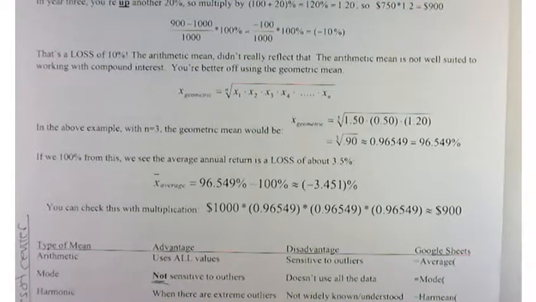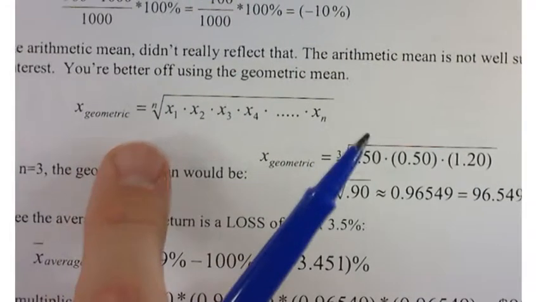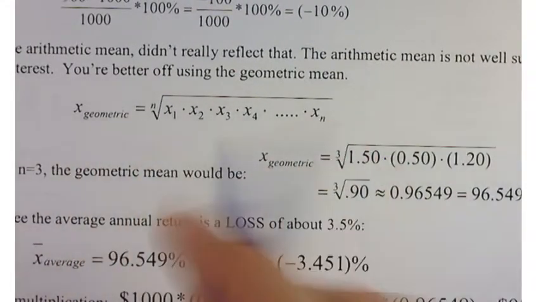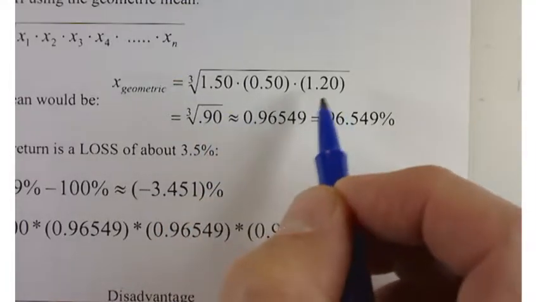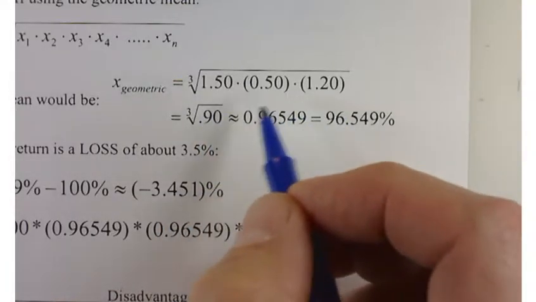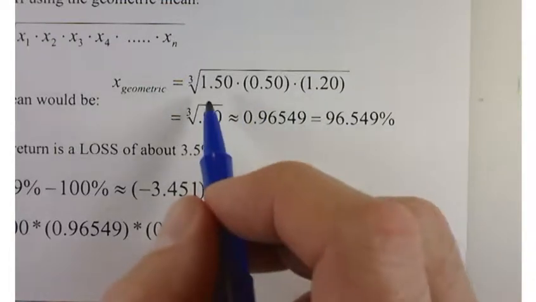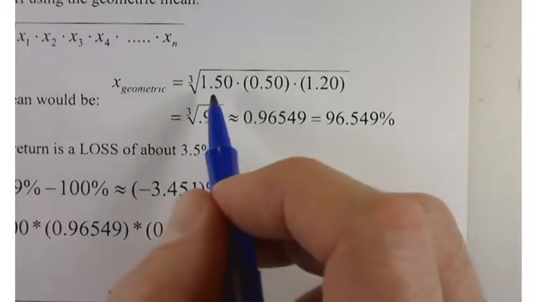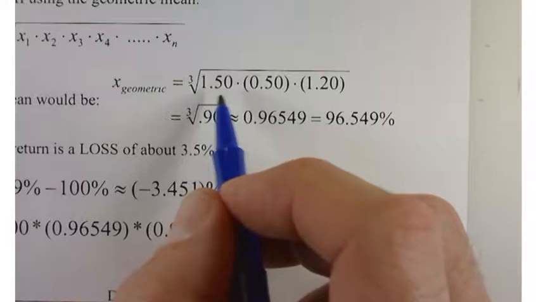So here's a quick version of how to calculate the geometric mean. You take the product of all your data and then take the nth root of that. If you have 3 pieces of data, and the example on the front side you can look at at your leisure, this is the performance of your mutual fund or your stock over time.